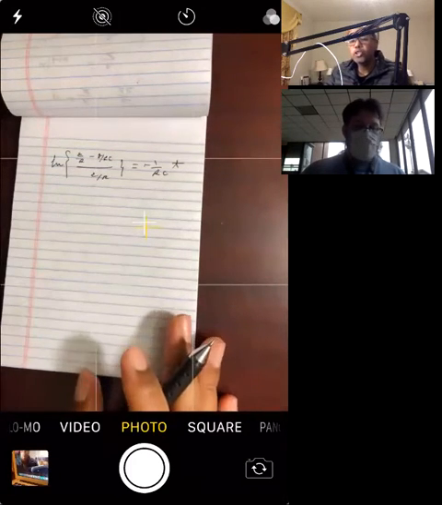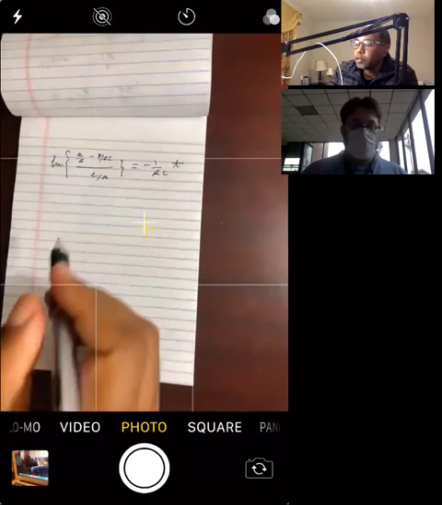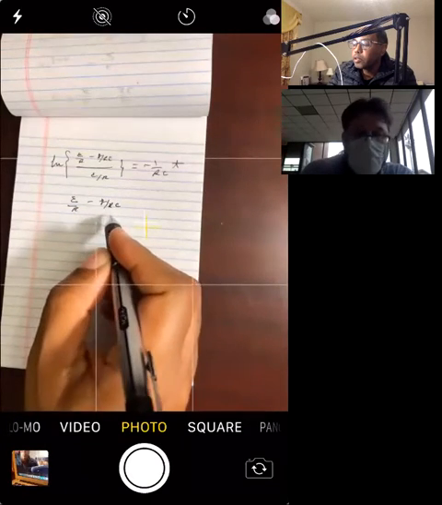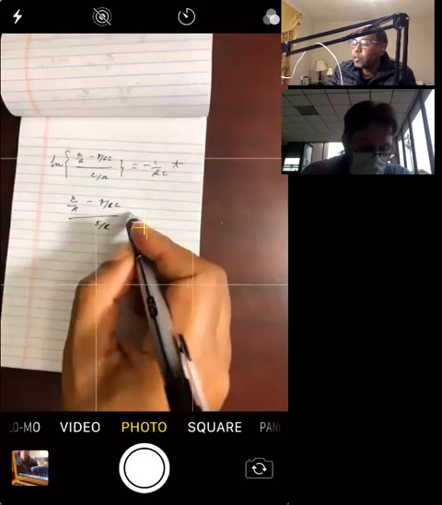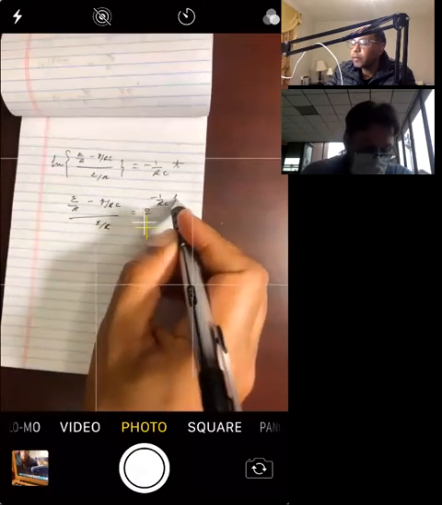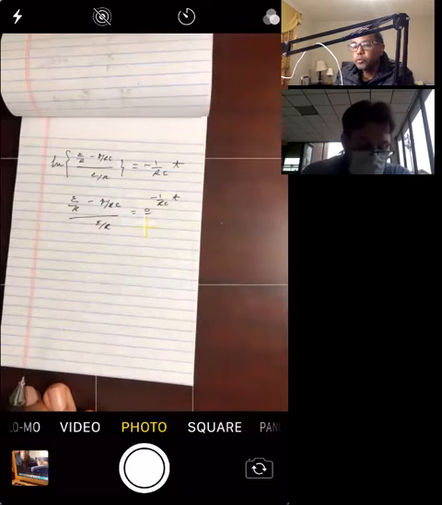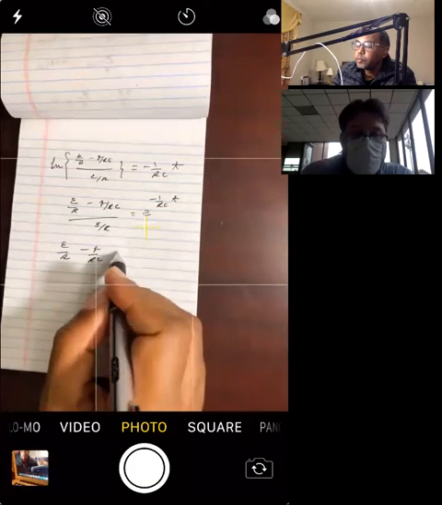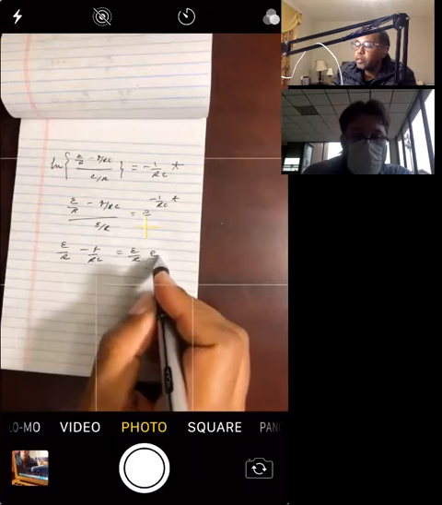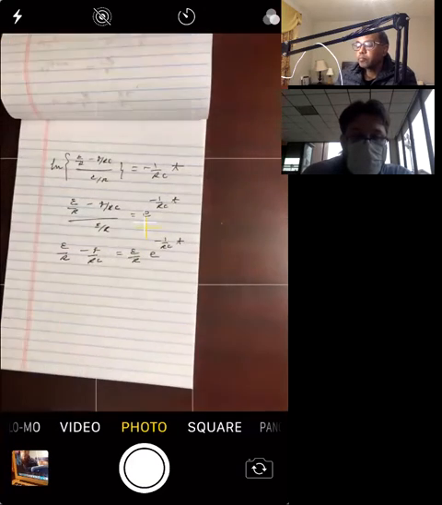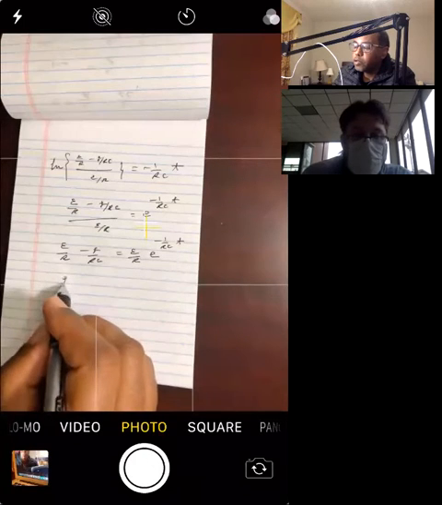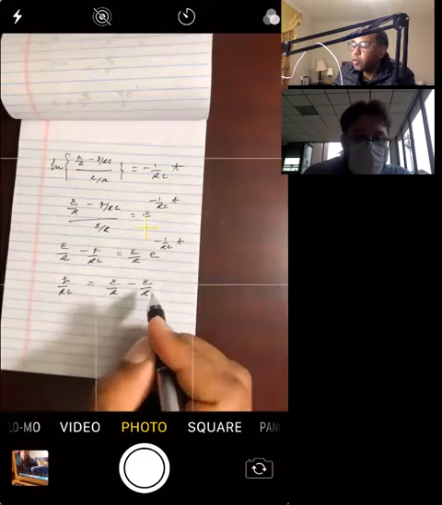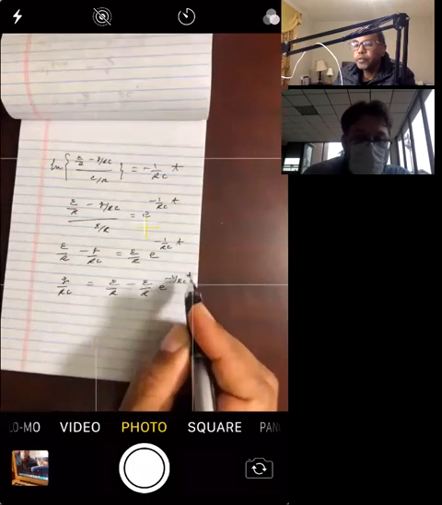All right, okay. So I'm going to change this to exponential right now. Remember we're trying to solve for Q. So E over R minus Q over RC, divided by E over R, equals e to the power of negative 1 over RC times time. I just changed the ln to an exponential function. So you've got E over R minus Q over RC equals EMF divided by resistance, times e to the negative 1 over RC times t. That tells me Q over RC is E over R minus E over R e to the negative 1 over RC times t.